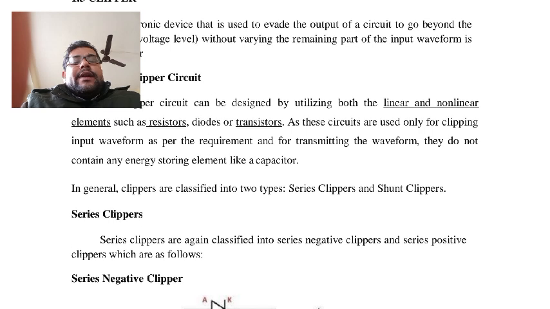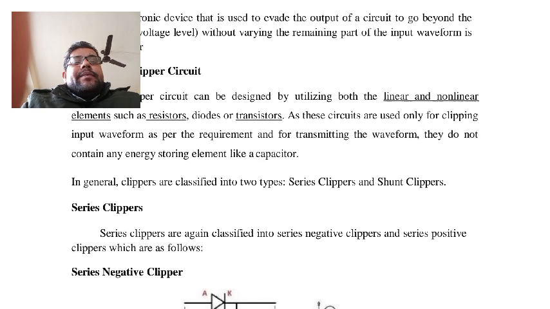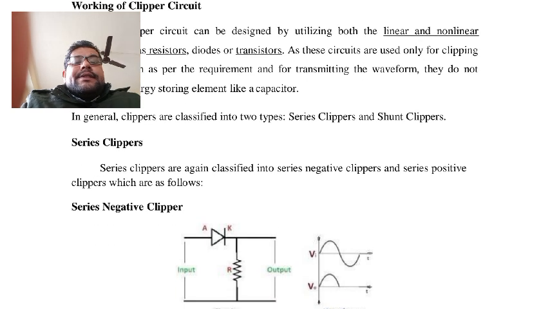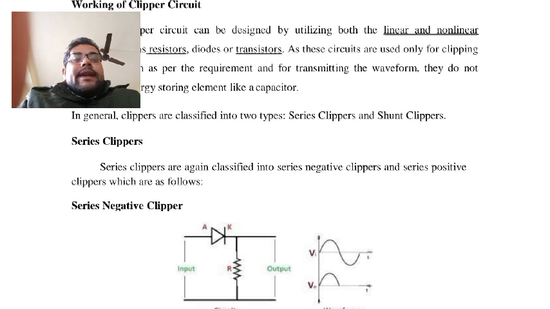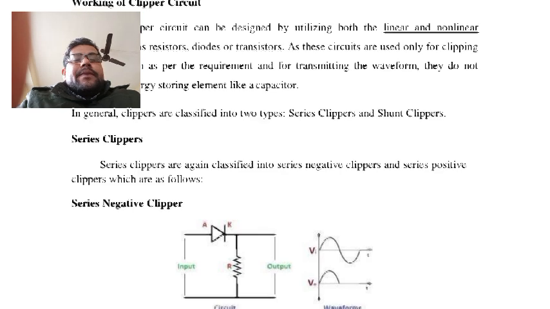In general, clippers are classified in two ways: series clipper and shunt clipper. Series clippers are again classified into series negative clippers and series positive clippers.